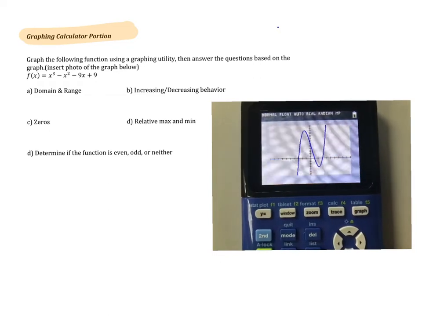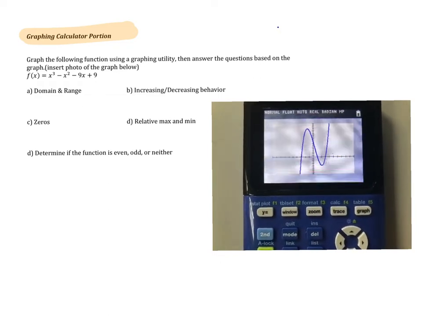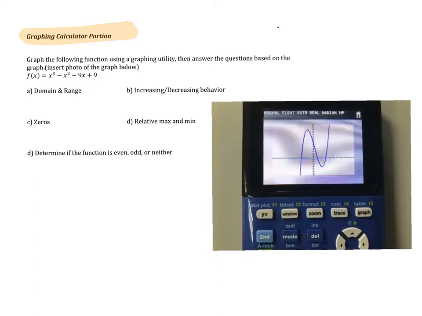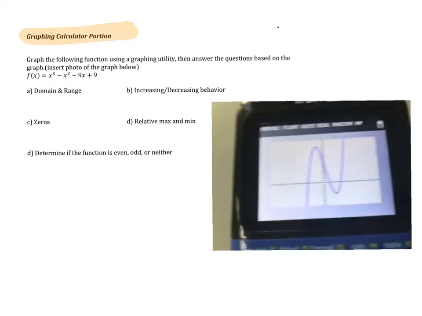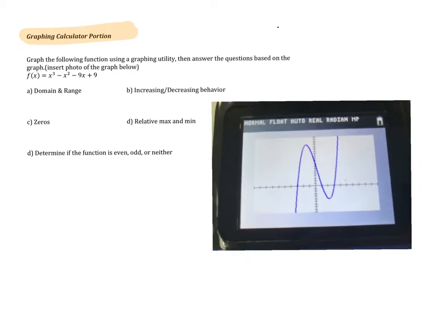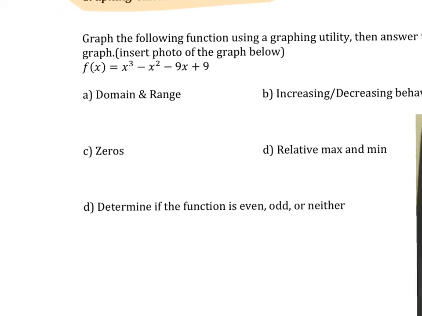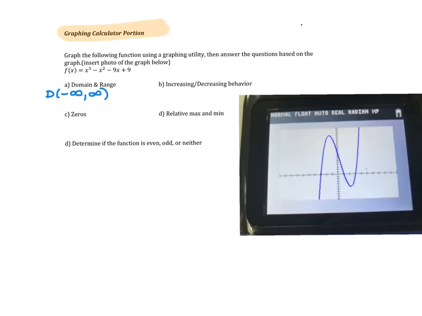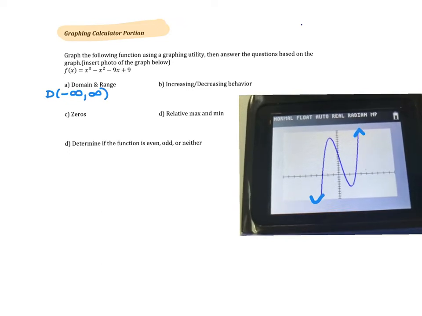So when I look at this graph and it asks you for domain and range, what's happening from my left to my right? What would your domain be? Negative infinity to positive infinity. My arrows are pointing left and they're pointing right, right? The graph being cut off implies that it is going up and down.